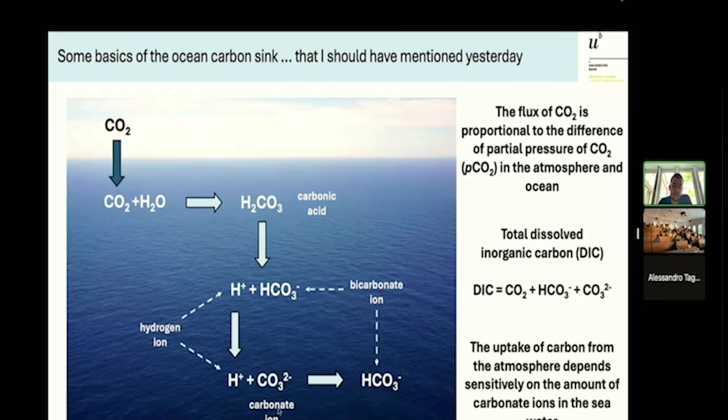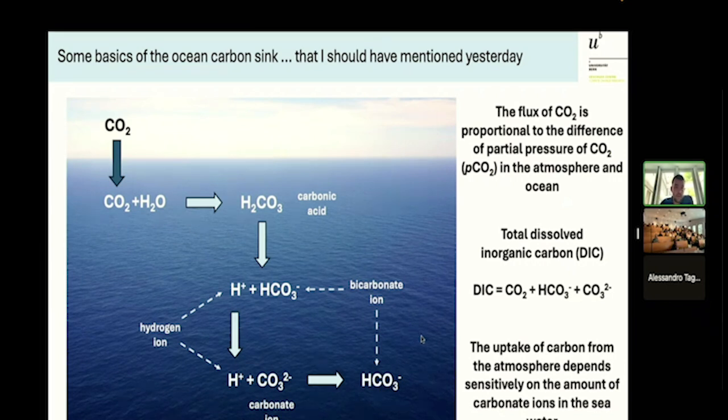And it's especially the carbonate ions: the more carbonate ions there are at the surface ocean, the more CO2 is transferred to bicarbonate ions, and the more CO2 can be taken up from the atmosphere. So this is basically the very simple carbonate chemistry that is behind the whole uptake and the difference in uptake in the ocean in different regions.